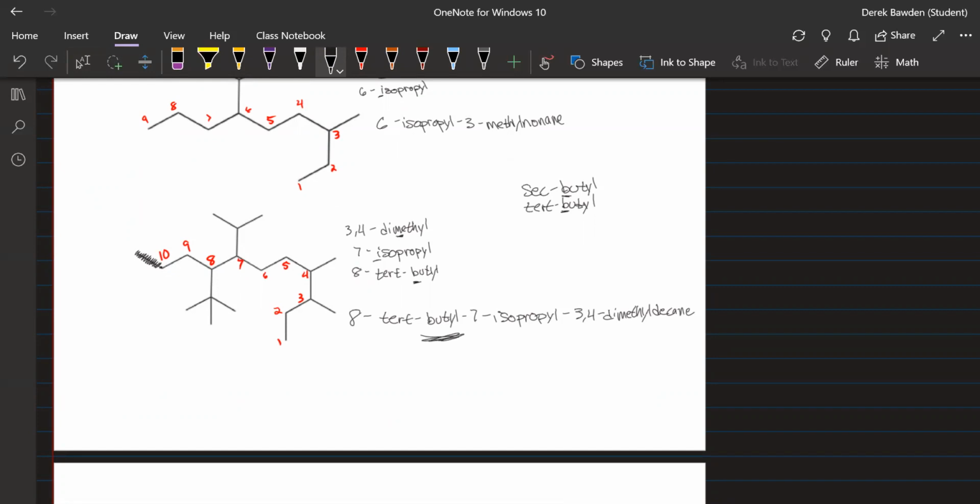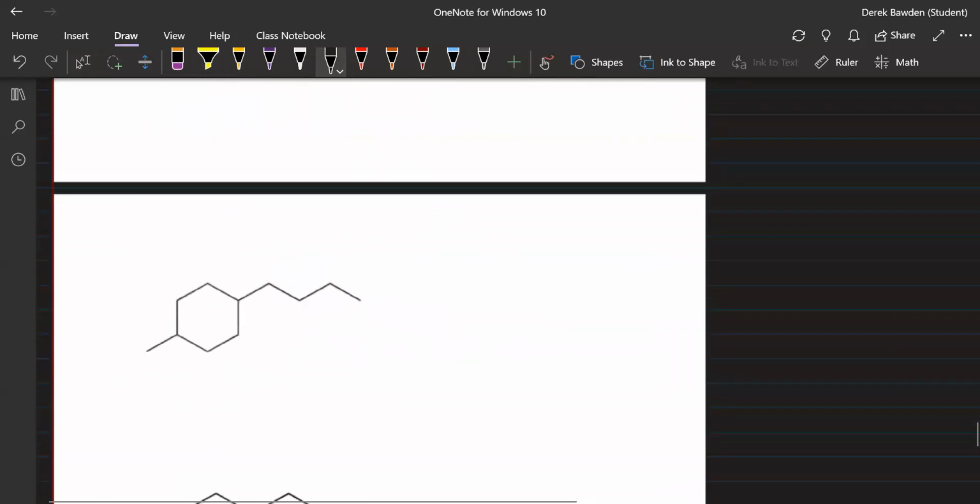This tert-butyl has 4 carbons, which is butane, but because it's a substituent, we call it butyl. Does that make sense to everybody? Just a little reminder there for naming. That's why we call methyl that, it's only 1 carbon, but if there was only a 1 carbon chain, it would be methane, right? CH4, methane. A few little reminders there.